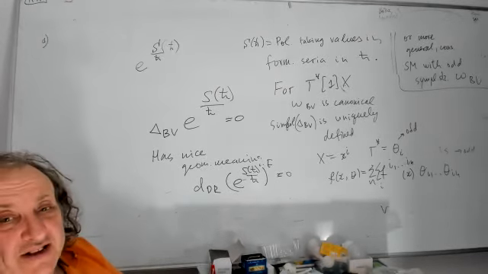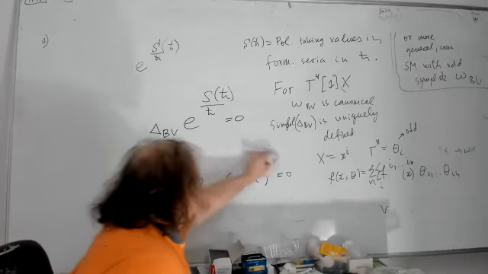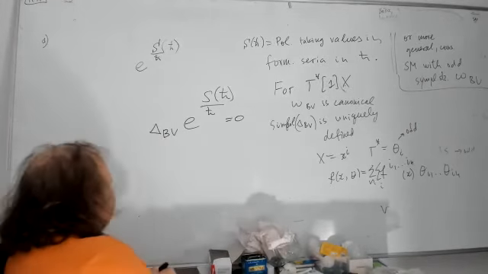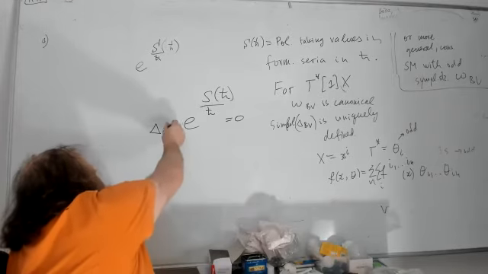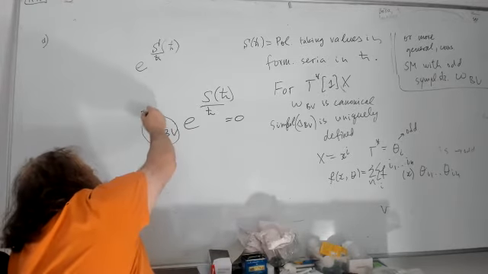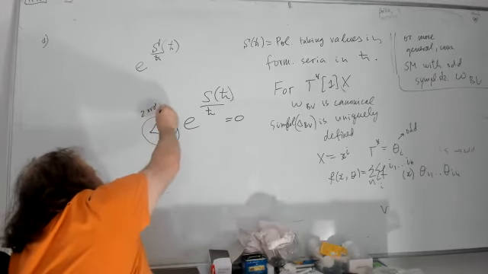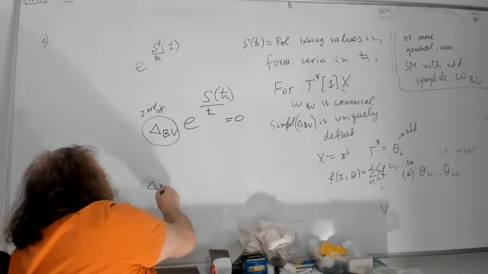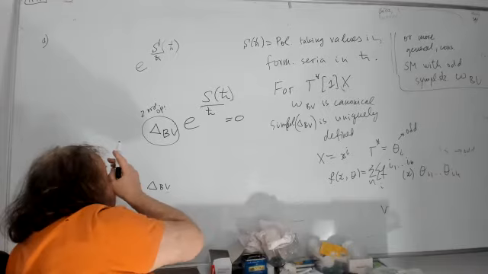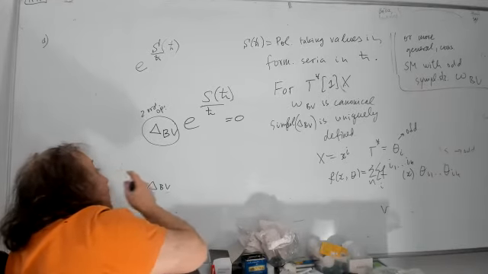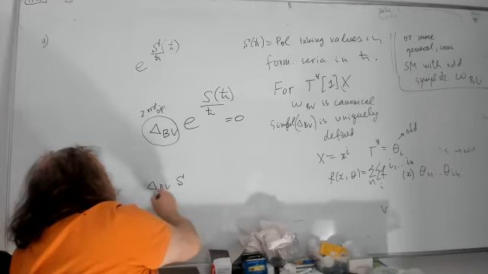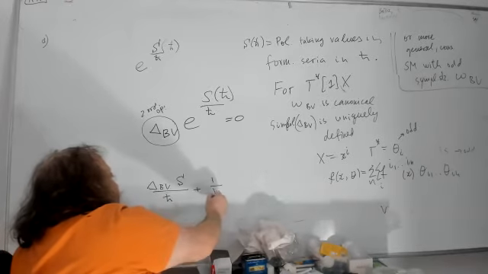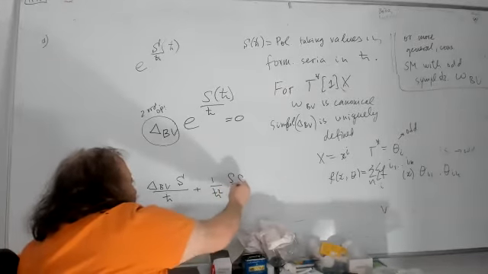We can start writing down equations. Since this is a second order operator, the result of this would be delta BV of S over H, plus 1 over H squared, and here we will have this.